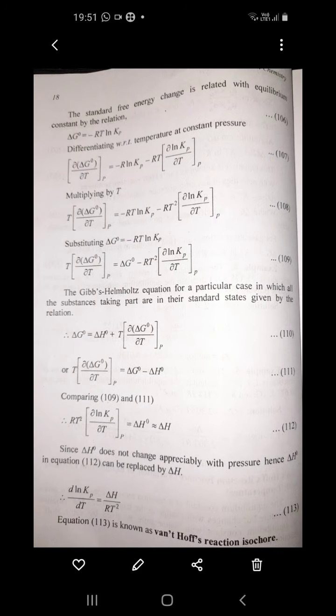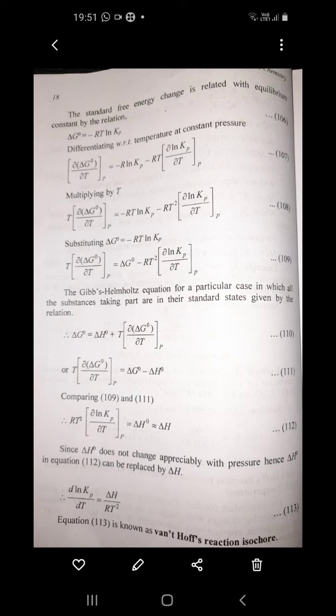the standard free energy change is related with equilibrium constant by the relation we saw in yesterday's lecture, that delta G0 is equal to minus RT ln Kp. Remember this equation. Dear students, if you want to remember this equation, you should write this expression in a notebook, so that with the help of writing as well as studying, it is very easy to remember any chemical equation.